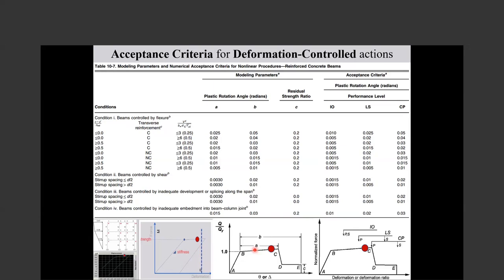So some of the acceptance criteria and modeling criteria for new buildings and existing buildings can be different, but the general body of the approach is the same. For example, for the target displacement formulation for a new building, we don't need a coefficient that takes care of the effect of deficiencies in the modeling.